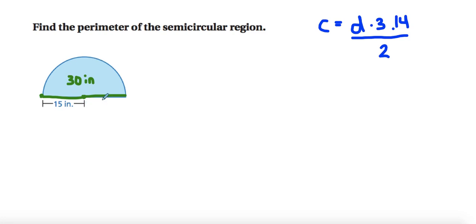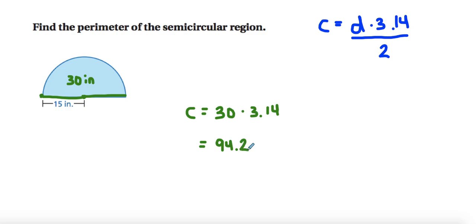Let's substitute into our equation. So circumference is equal to 30 times 3.14. When I solve, I get 94.2.